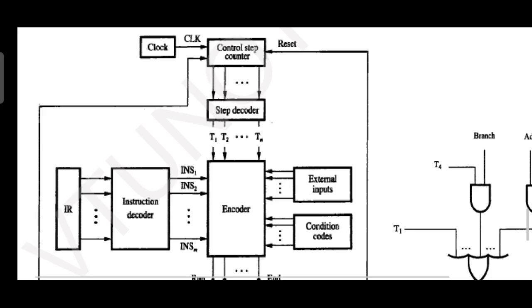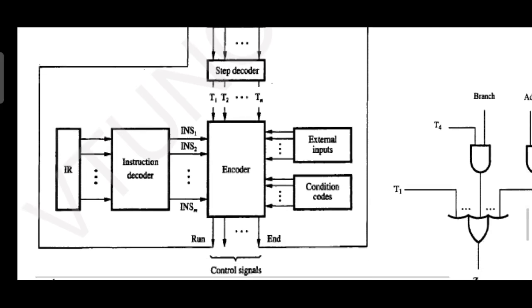We have a combination of instruction decoder and encoder circuit. They are associated with the instruction register. It may take external input or conditional input. External inputs are things like pressing a button while transferring data, or sending additional data. Conditional codes are nothing but flag bits. They are the indicators.